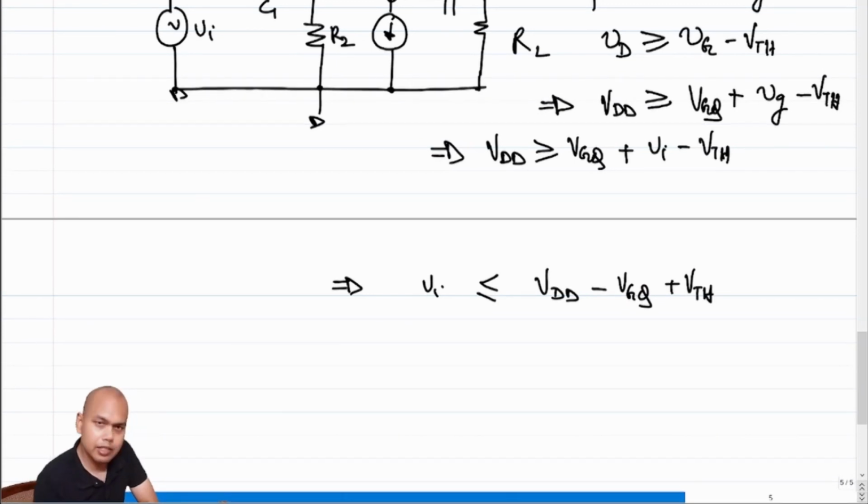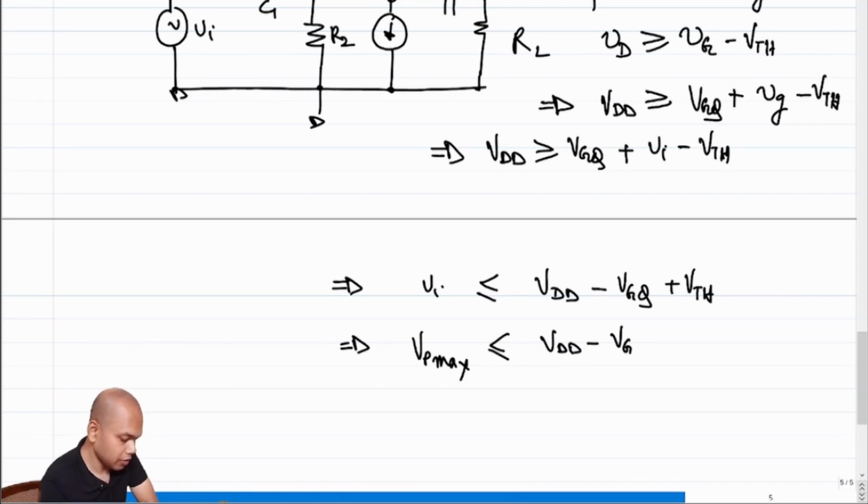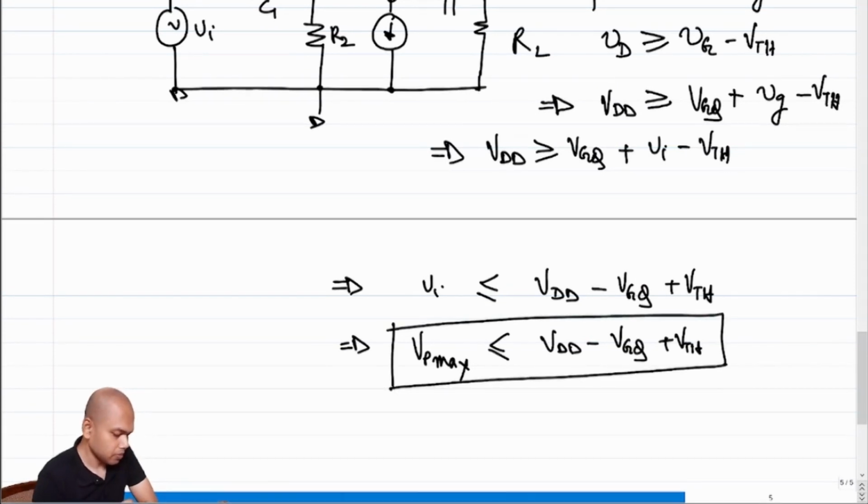Or since Vi is a sinusoid, we end up with Vp max should be less than VDD minus VGQ plus threshold voltage. Okay, so this is as far as the linearity condition, as far as keeping the transistor in saturation is concerned.